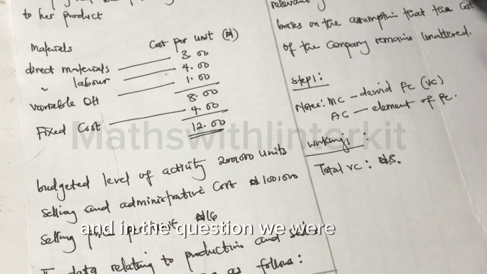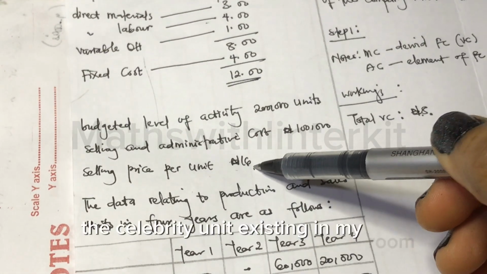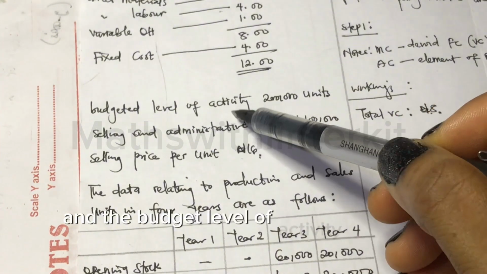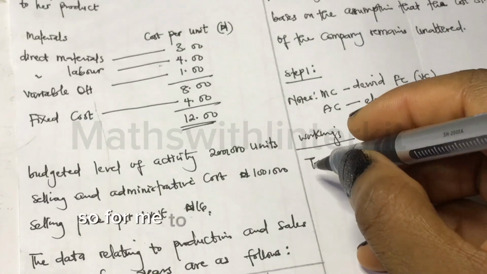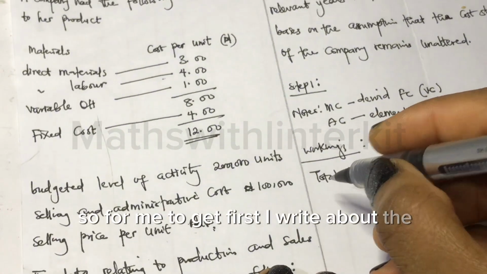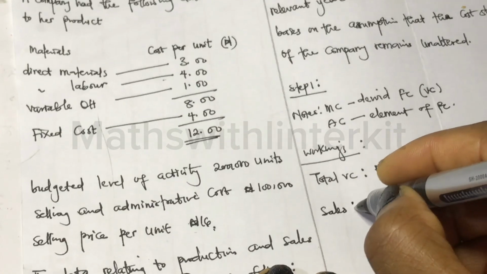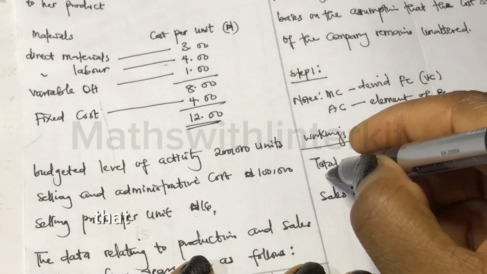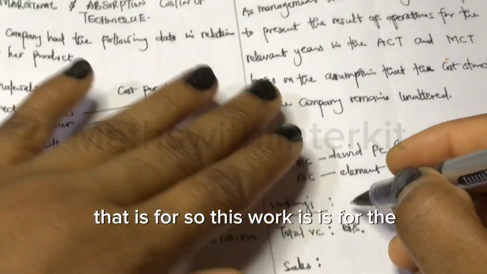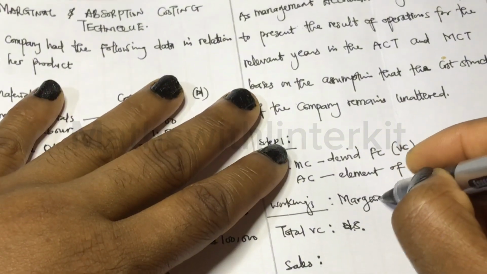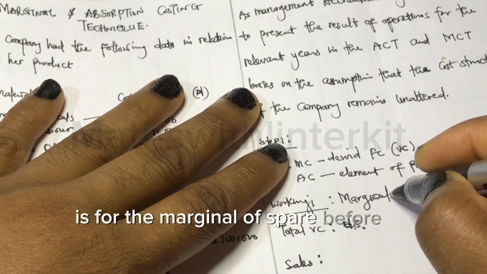In the question, we were told that the selling price per unit is 16 naira and the budgeted level of activity is 200,000 units. So this working is for the marginal cost.